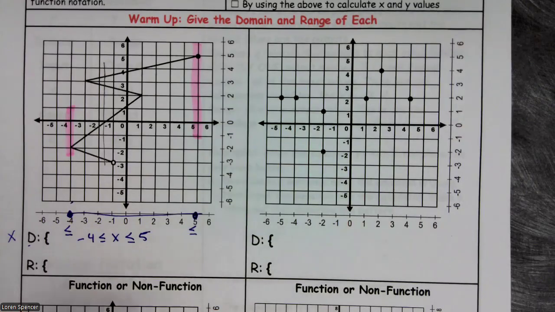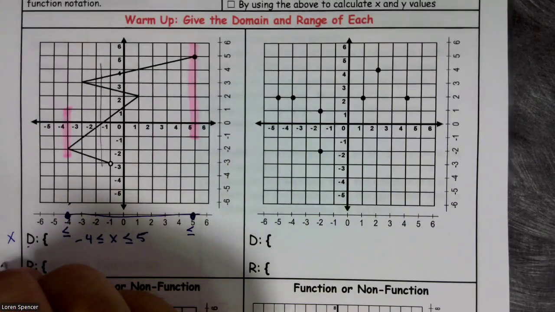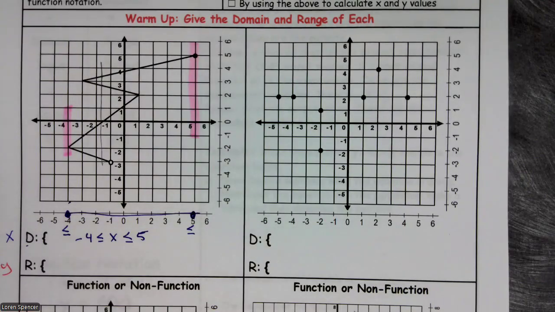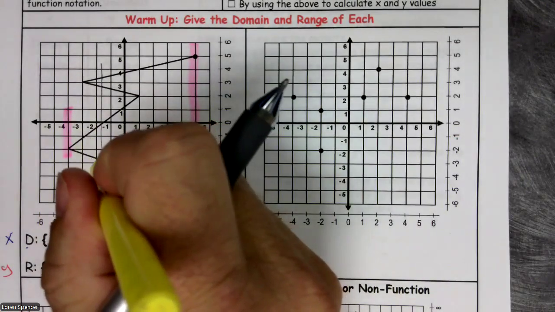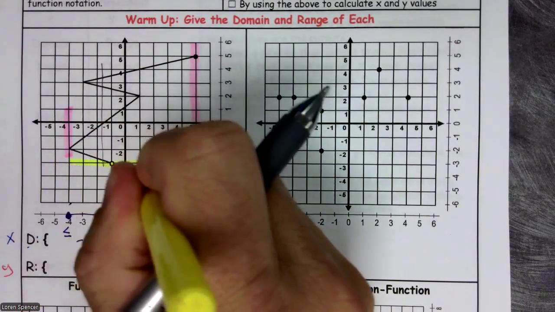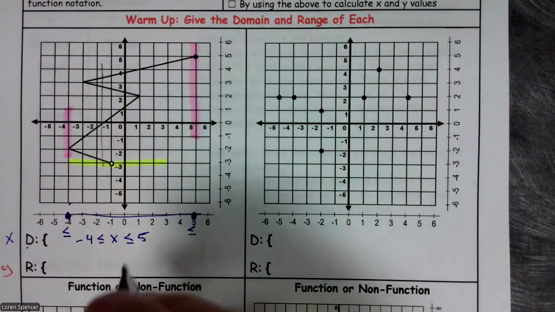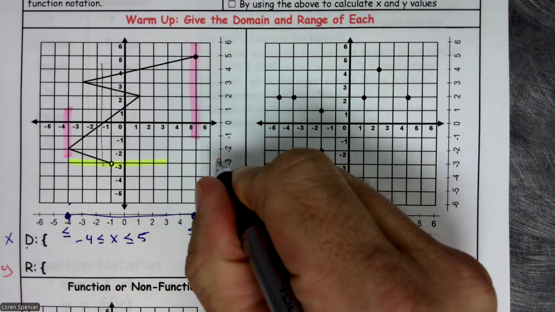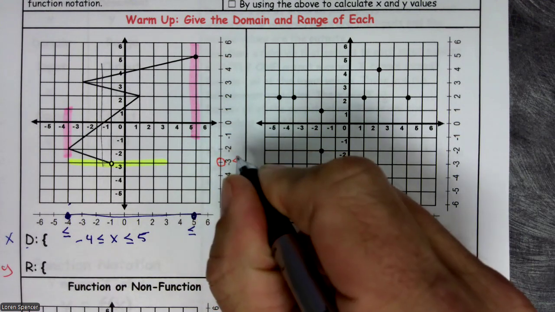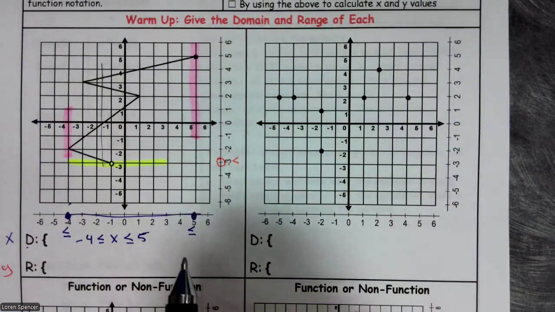Moving on to the range. All right, the range is the y values, and we start at the bottom, and our lowest range value happens to be at -3. And it's a hollow, so it just gets a less than sign. Okay?